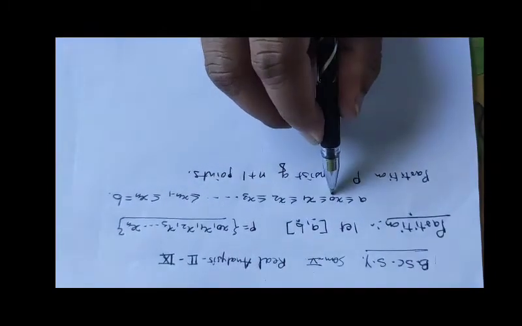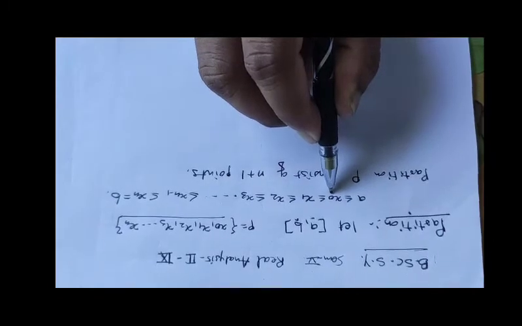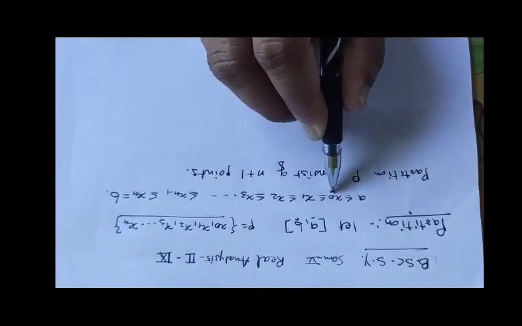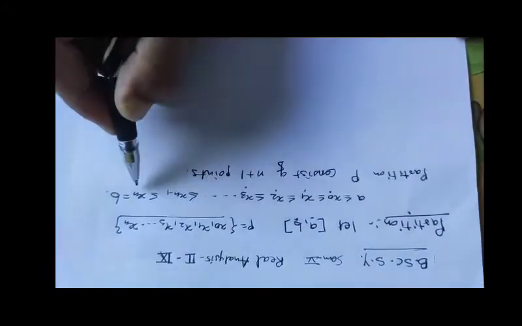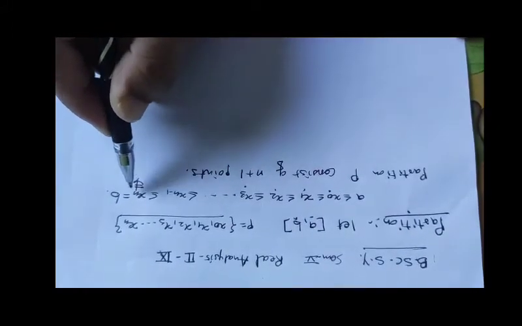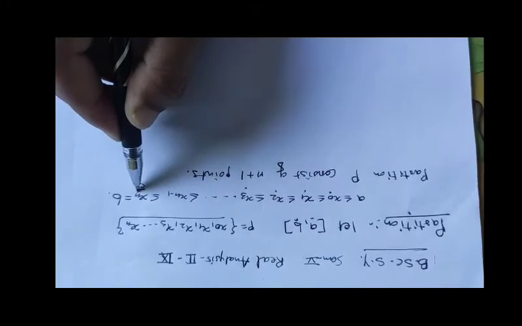This is the first point, though it starts with x0, then second point, third point, fourth point. So there is an n, so the number of points is n plus 1.